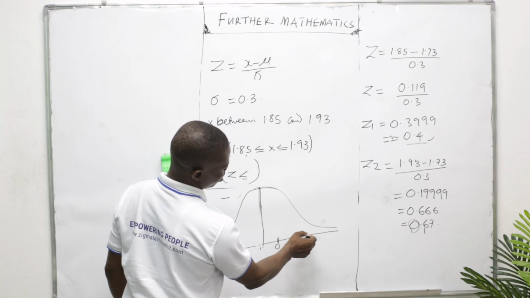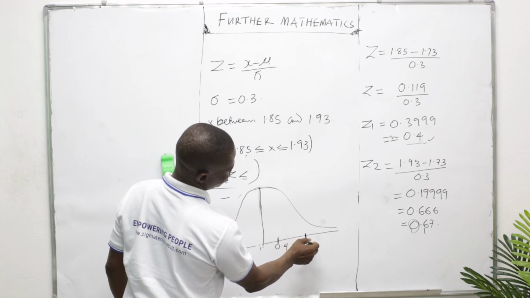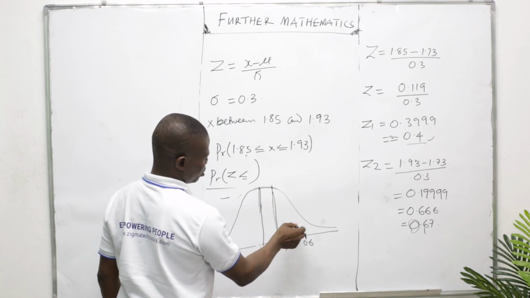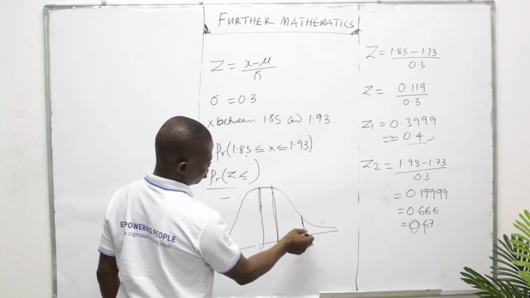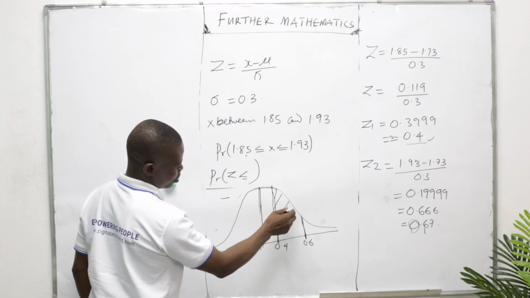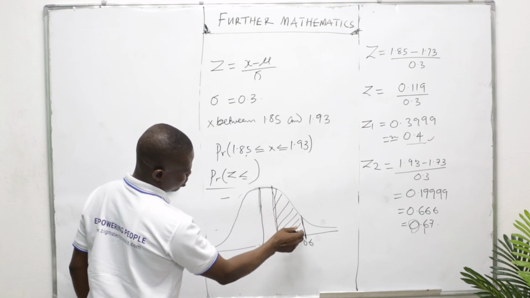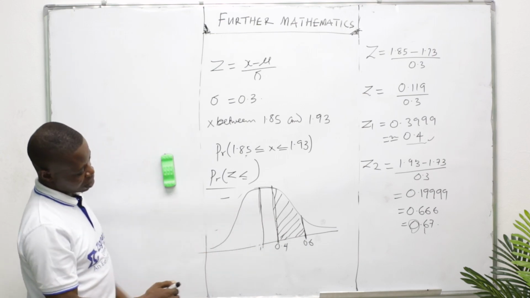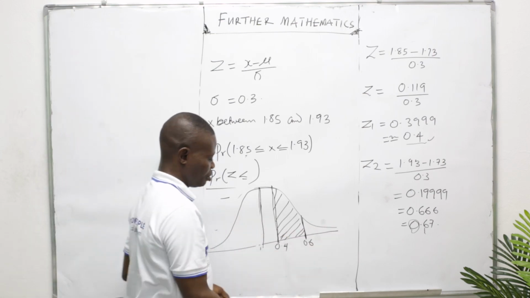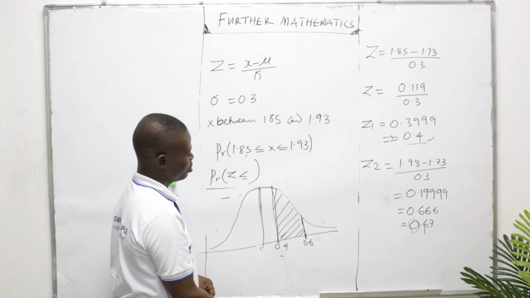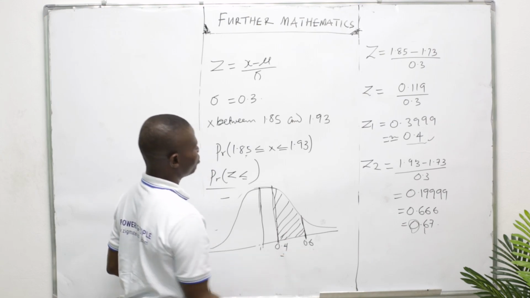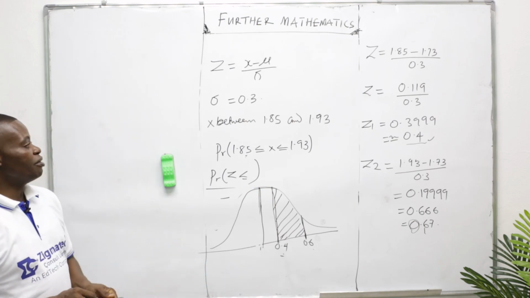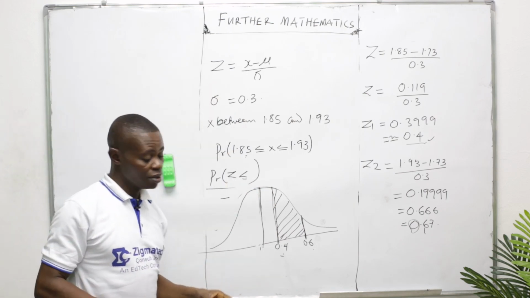Then the other one approaching this side is 0.6, meaning you are going like this. Can you see it? You just see here, what do you notice? We have this side, though this is just between. When you get the value for this, you get the value for this, you now add the two together. That will now give you the final solution.